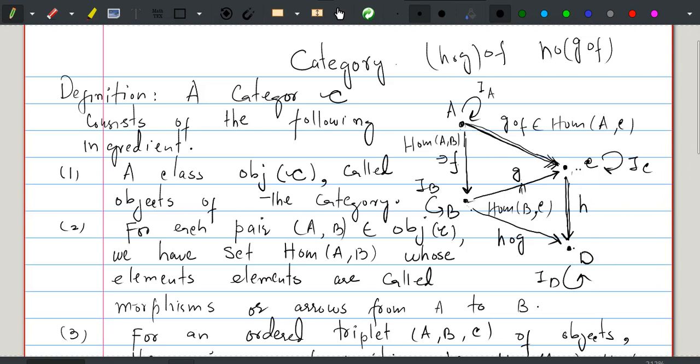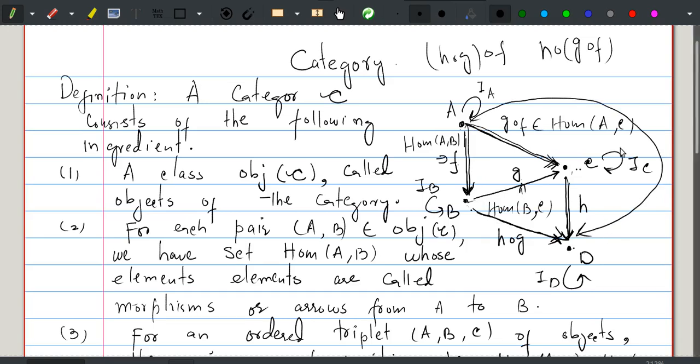So there should be no distinction in these two routes. Either you take this route or this route. So we have this route here, this is the route H. So first we are going via this map here and then compose it with F, or you take this route here.